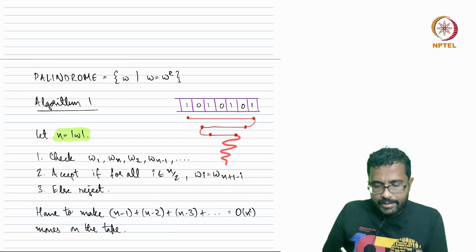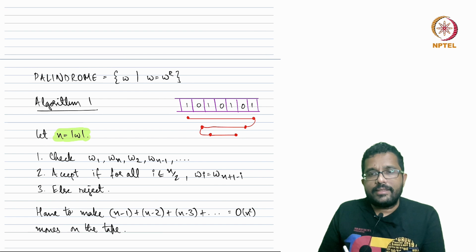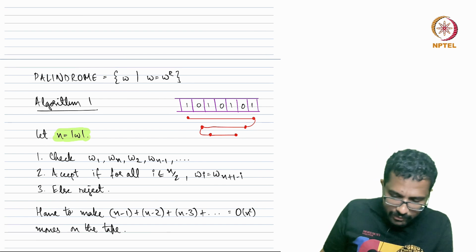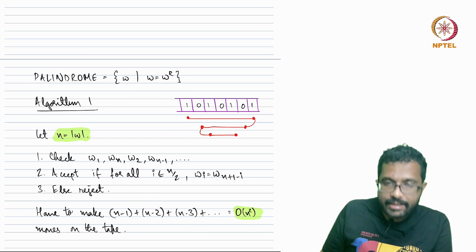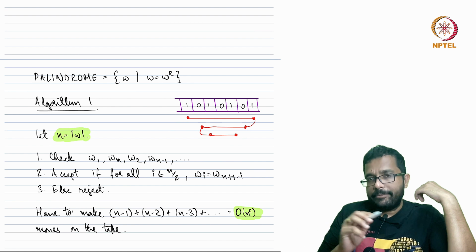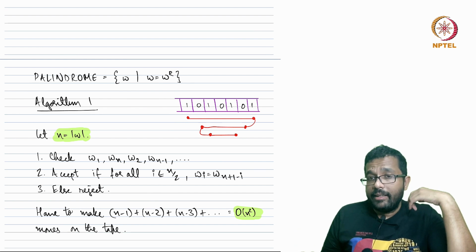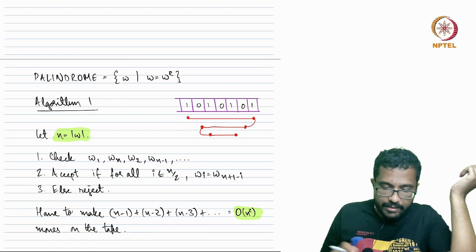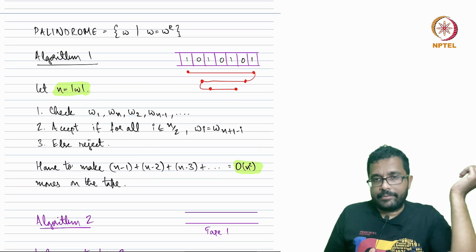If you add up all of this, it takes order n squared, asymptotically n squared. So the Turing machine, to do all this checking, takes n squared number of steps. This means this procedure takes n squared time.